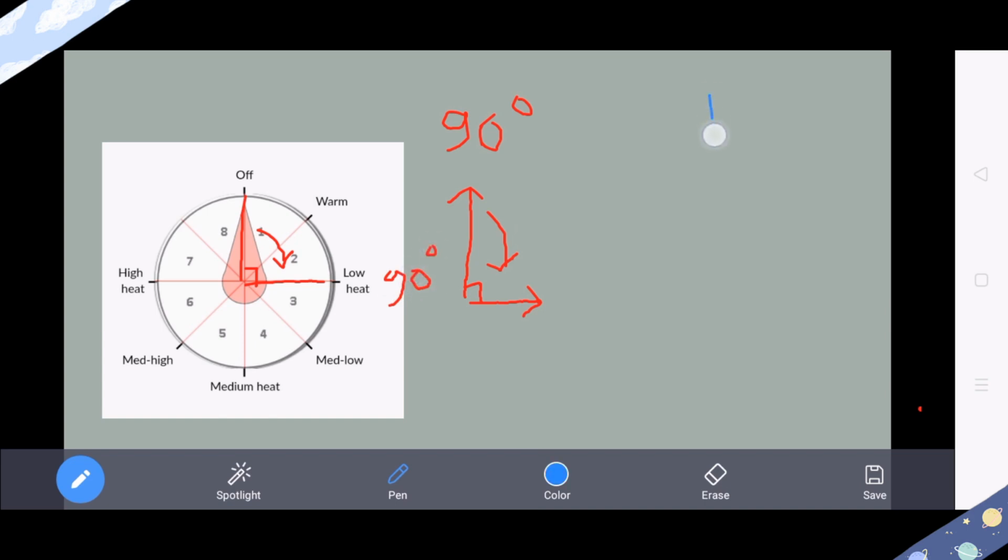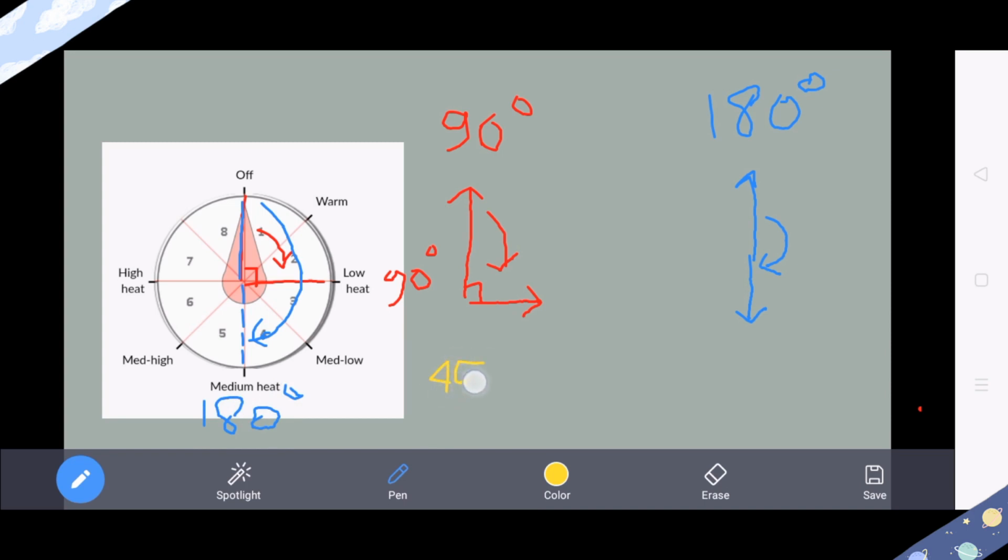For the second type, we use 180 degrees, or the straight angle, and it will be like this. If we turn the stove dial 180 degrees to the right, it will be on the medium heat temperature.